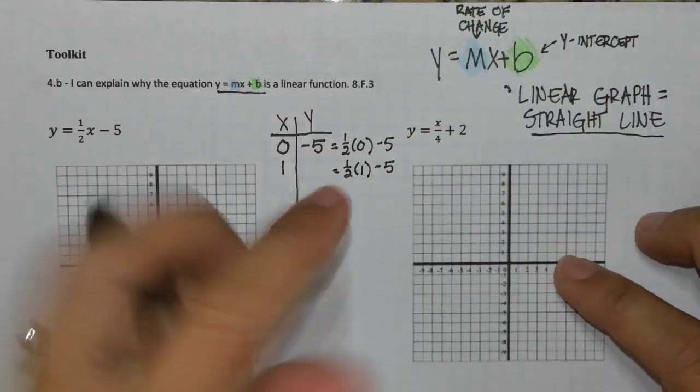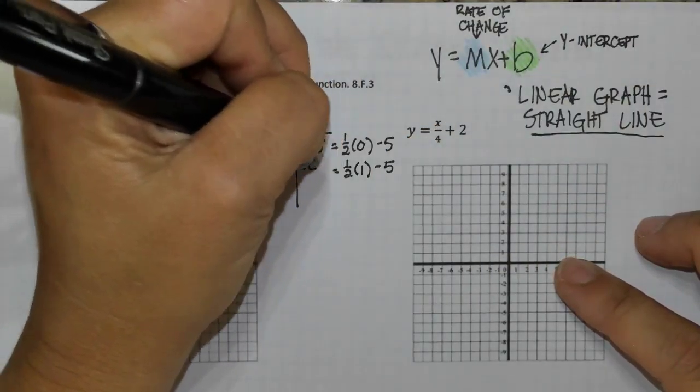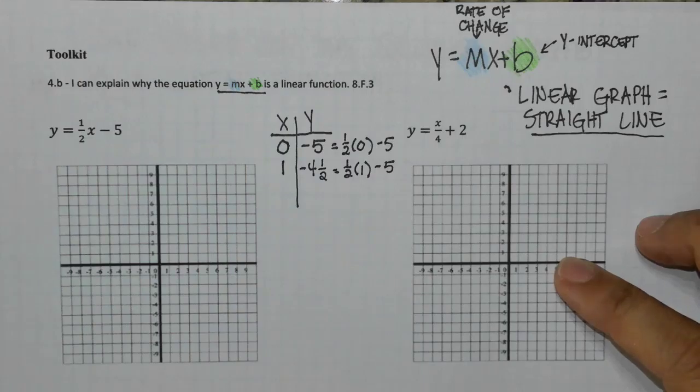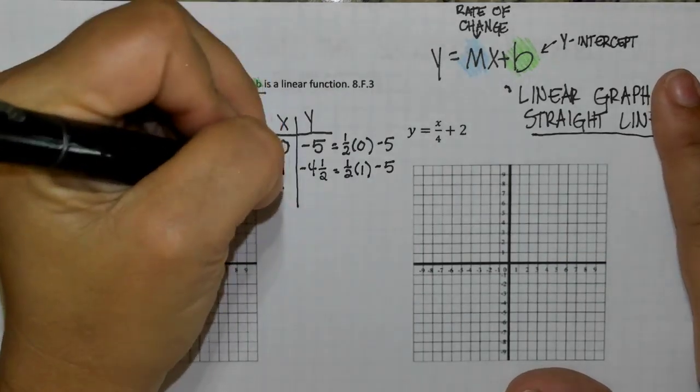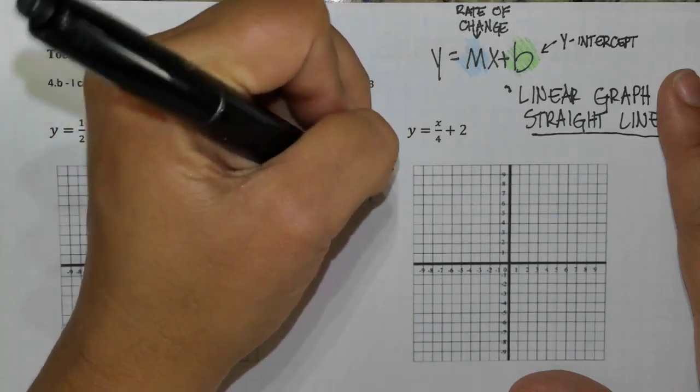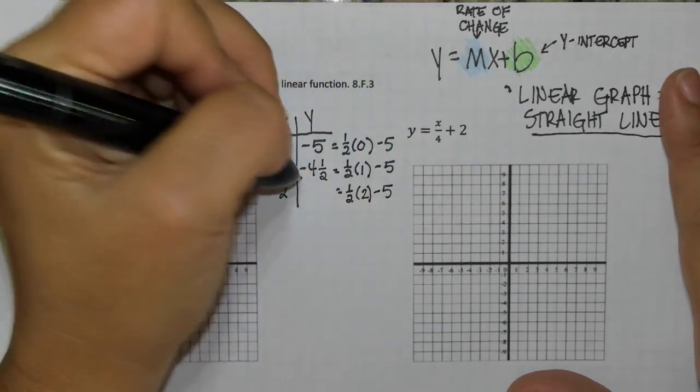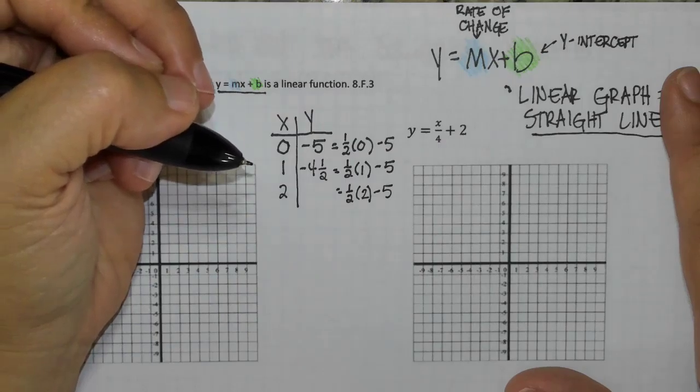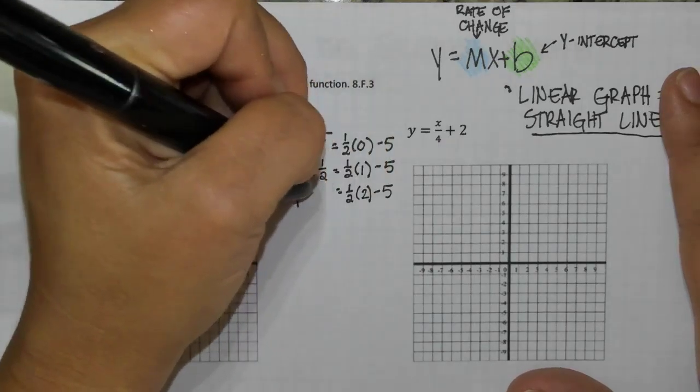And that gives me negative 4 1/2. And I'm going to do another one, 2. That is going to be 1/2 times 2 minus 5, and 1/2 times 2 is 1, minus 5 is negative 4.